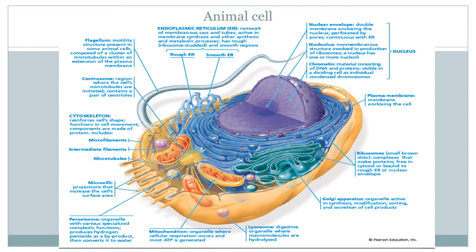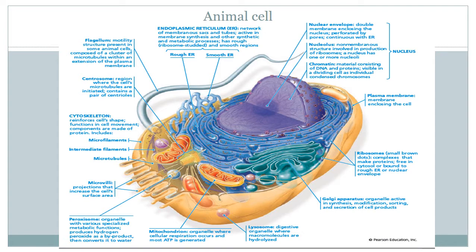And you find the Golgi apparatus, an organelle active in synthesis, modification, sorting and secretion of the cell products, and lysosome, a digestive organelle where macromolecules are hydrolyzed. You get the mitochondria, the organelle where cellular respiration occurs and most ATP is generated, and peroxisome, an organelle with various specialized metabolic functions, which produces hydrogen peroxide as a byproduct and then converts it to water.